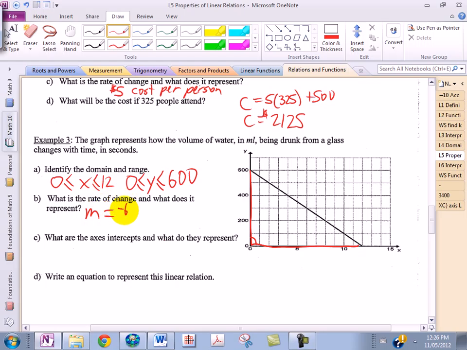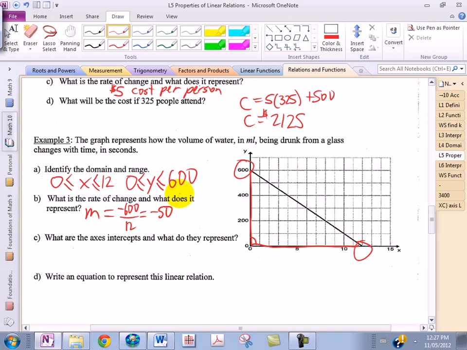Negative 600 over what? 12? Simplify that. Negative 50. Yeah, you totally could. But look, see how easy this is? 600, 12. I got my two numbers right away, because they're intercepts, it makes it really easy.